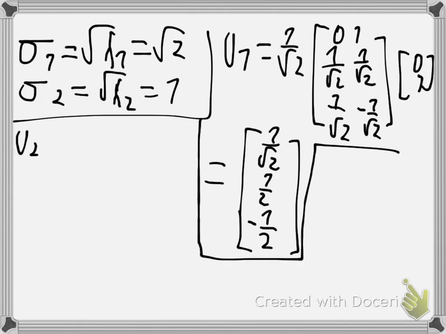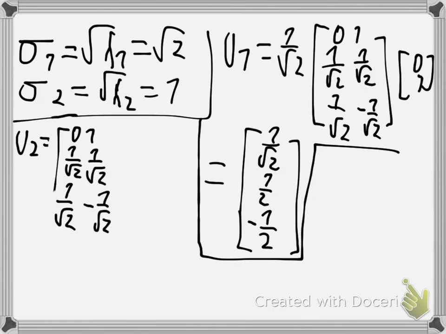And u2 would be equal to 1 over sigma 2, so 1 over 1. So I don't even need to write it. Okay? Times A times v2, which is 1, 0.